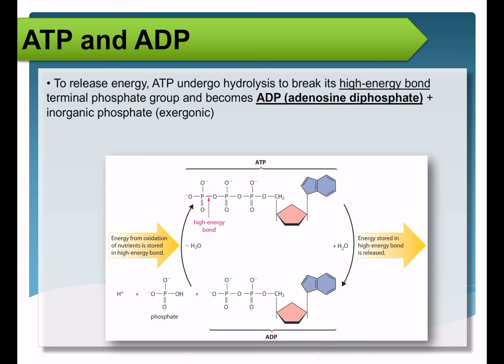So, how do we spend our ATP to release energy in our cells? Now, to release energy, ATP has to go through a chemical reaction we learned about in chapter 3 called hydrolysis. And in this case, specifically, ATP hydrolysis.